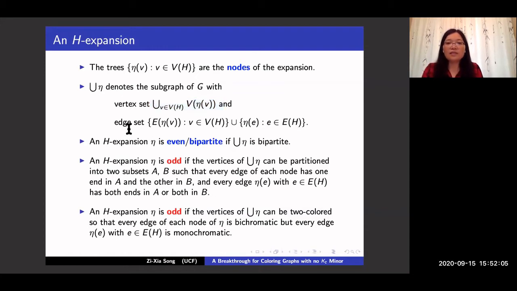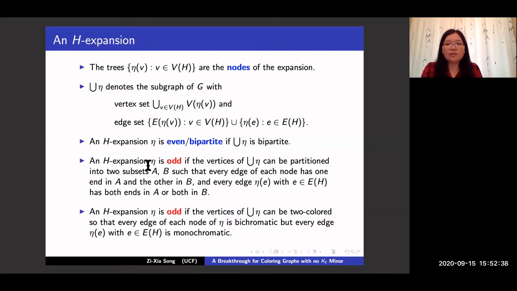And the edge set includes all the edges in each tree you picked, plus the edges eta(e) in my original graph G for each e in H. So we use this to denote this subgraph. Now we say an H expansion eta is even, or H is an even minor of G, if this subgraph is bipartite.